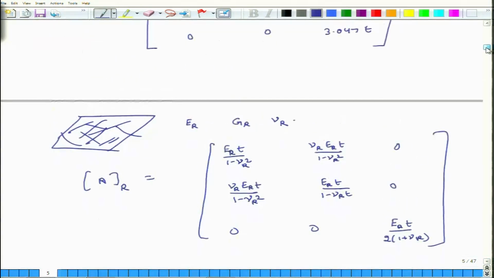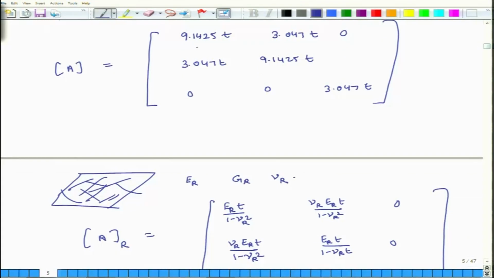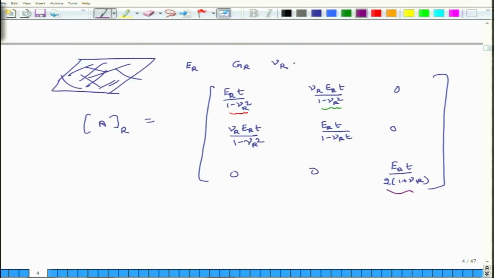So, what I do next is compare the numbers, and by comparing numbers I can calculate the values of ER. See, this number should be equal to this number, and finally this third number should be equal to this one.